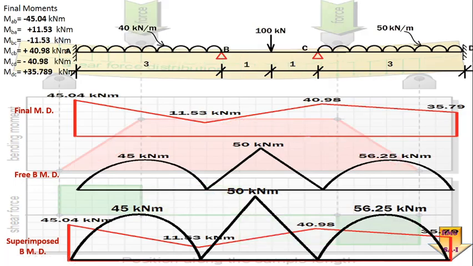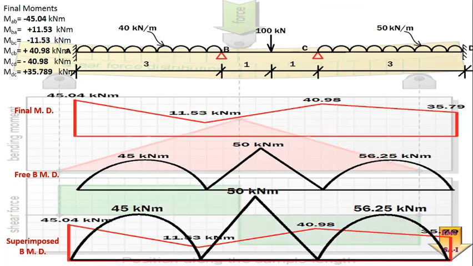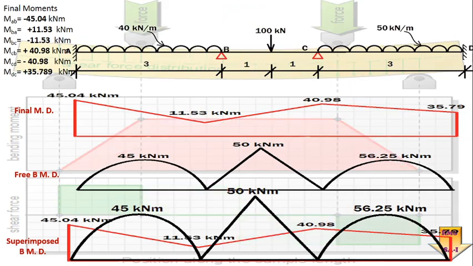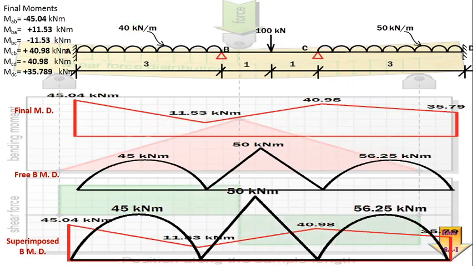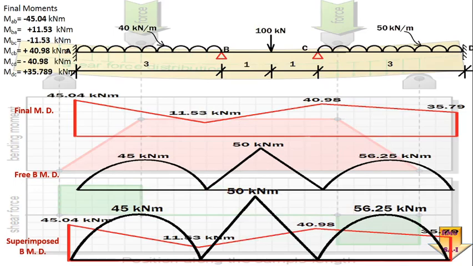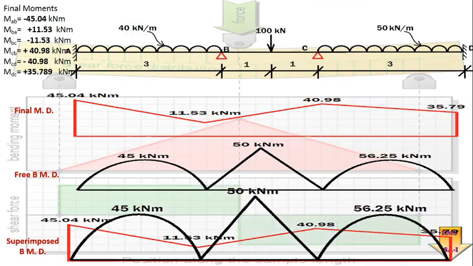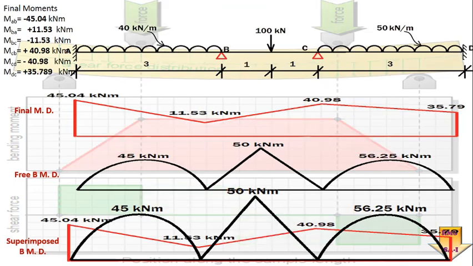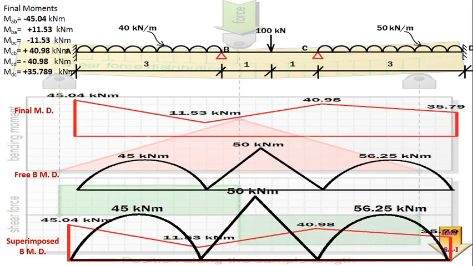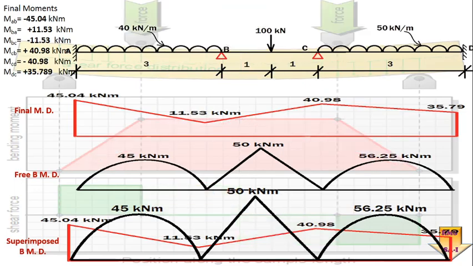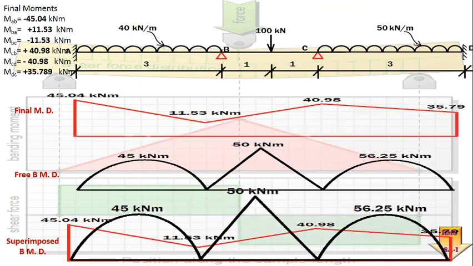So this is how we have to go in a very chronological sequence. If the basic objective was to construct a shear force diagram, then obviously we have to find out the support reactions, and how the support reactions are to be found out, you can definitely watch in my earlier videos.